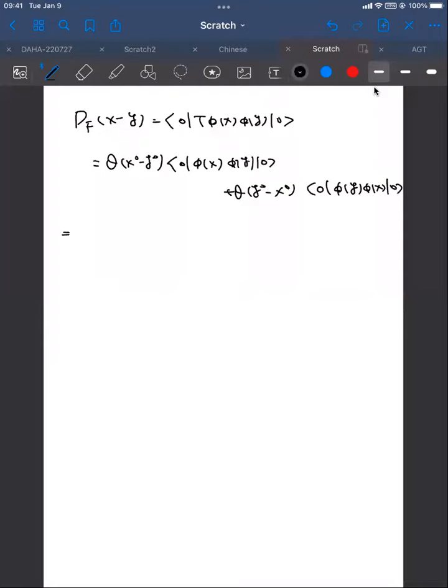This can be written as the integral d cube p over 2 pi cube, 1 over 2 E_p, e to the minus i p dot (x minus y), with p0 equal to E_p.